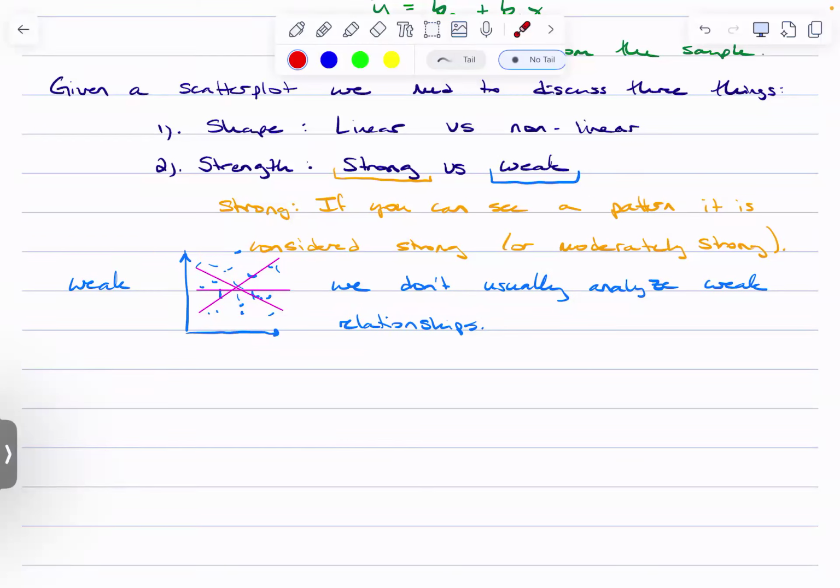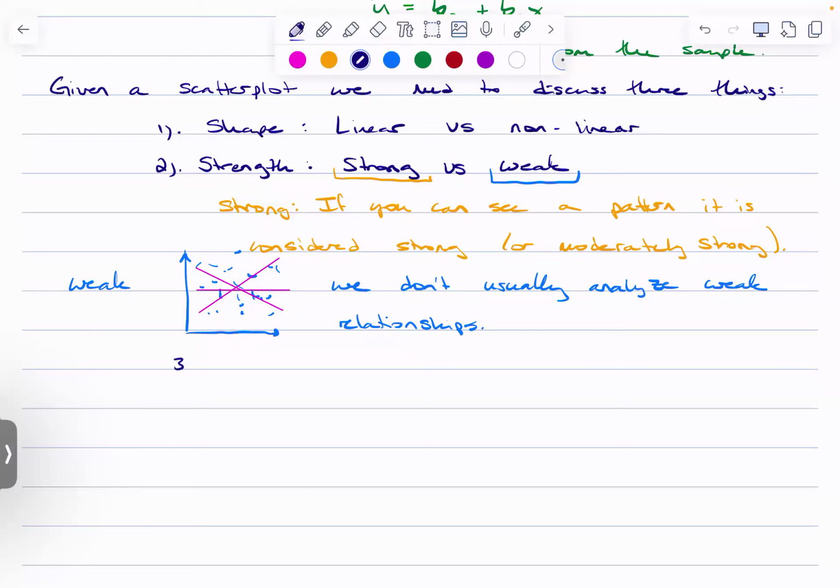I'll need more monies so I can collect more data. You always want more monies. But as soon as you can see a pattern, just talk yourself into a pattern, I would call it strong or some level of strong.